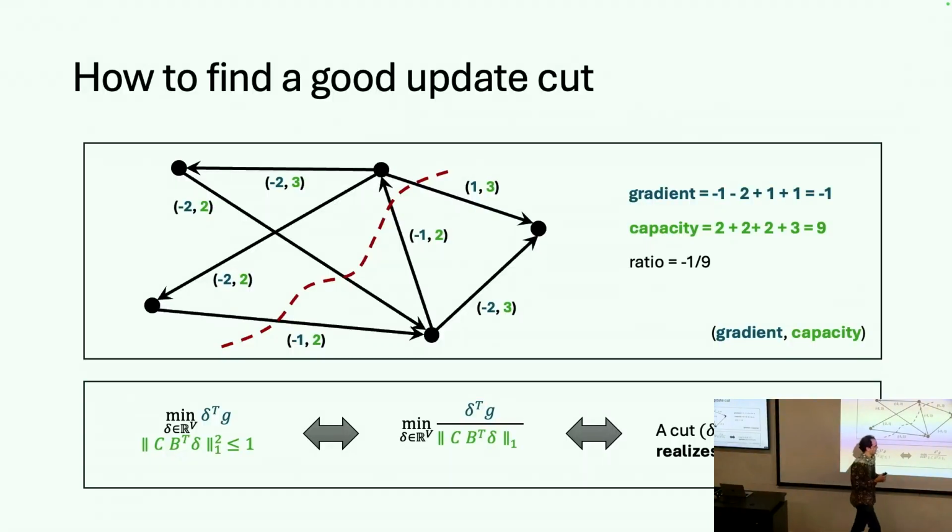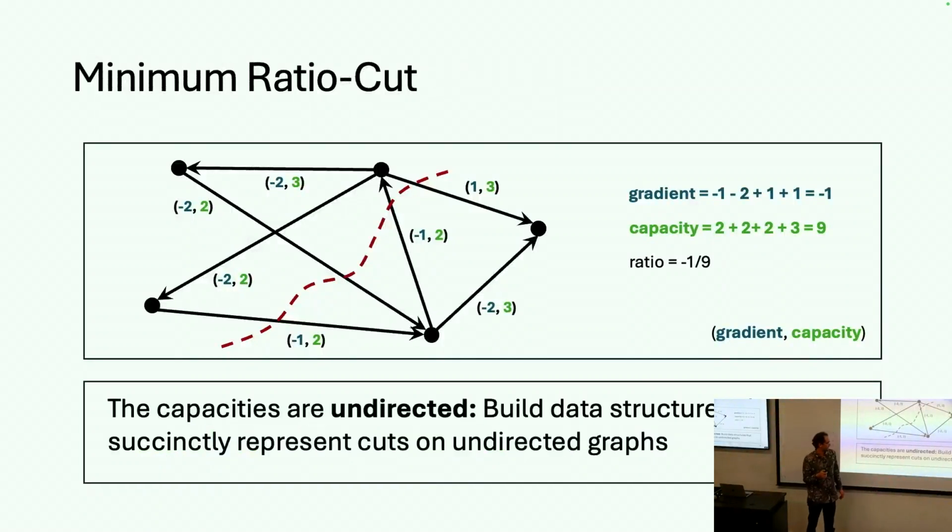So if you get an error of 10,000 here, you run for 10,000 more steps. This is really nice because this allows us to push some error into this problem and then just run the algorithm a bit longer. Good. In the remainder of this talk, I'm going to tell you how we use that the capacities are undirected to build data structures that represent such cuts on undirected graphs and find such a good min ratio cut.